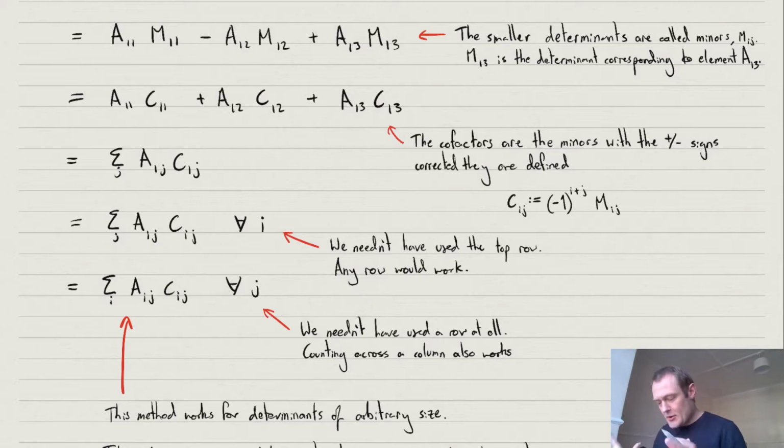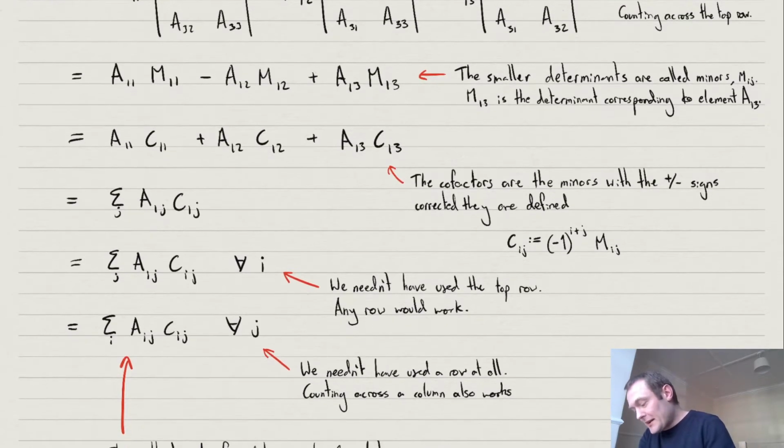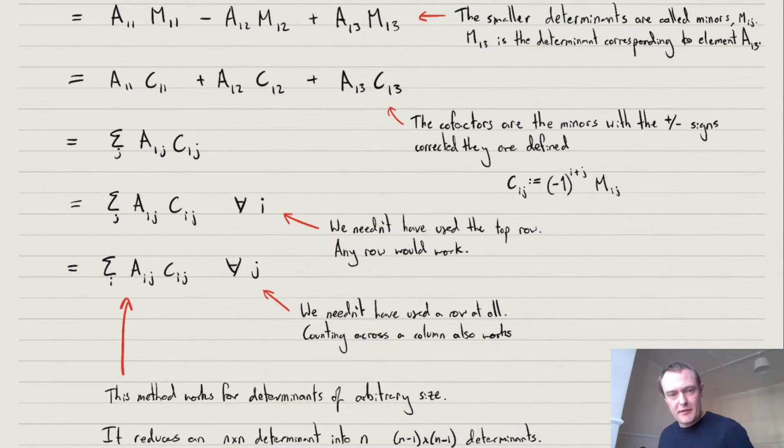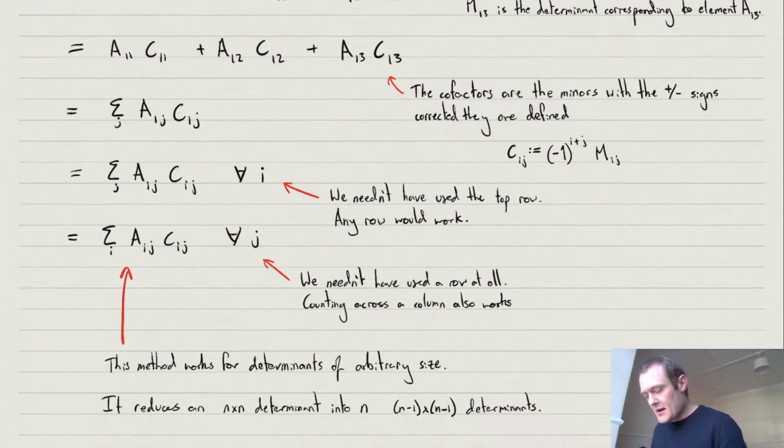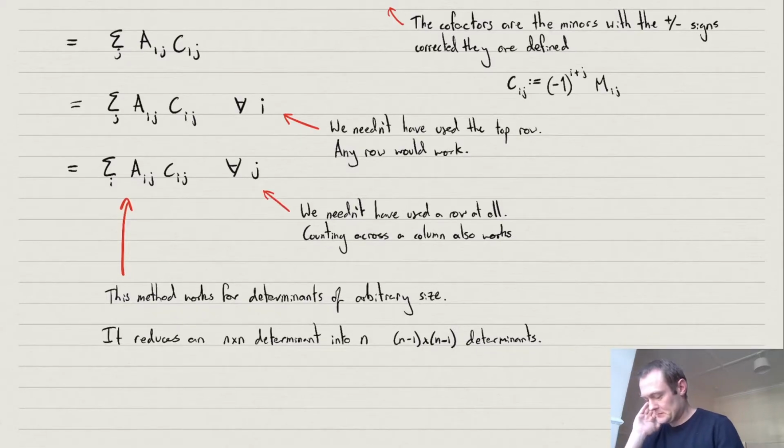Now you need to understand that you can do this for any row, not just the top, and any column. You may need to be a little bit careful with the minus signs on these cofactors, but otherwise it's perfectly possible to do. And if the matrix has a number of zeros, for instance, in one column, then it's going to be handy to use that column because things are going to vanish a lot quicker.